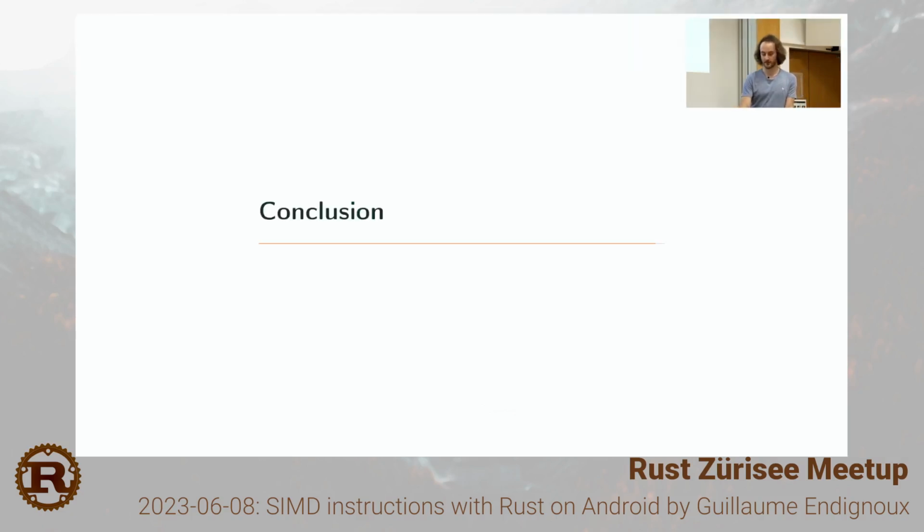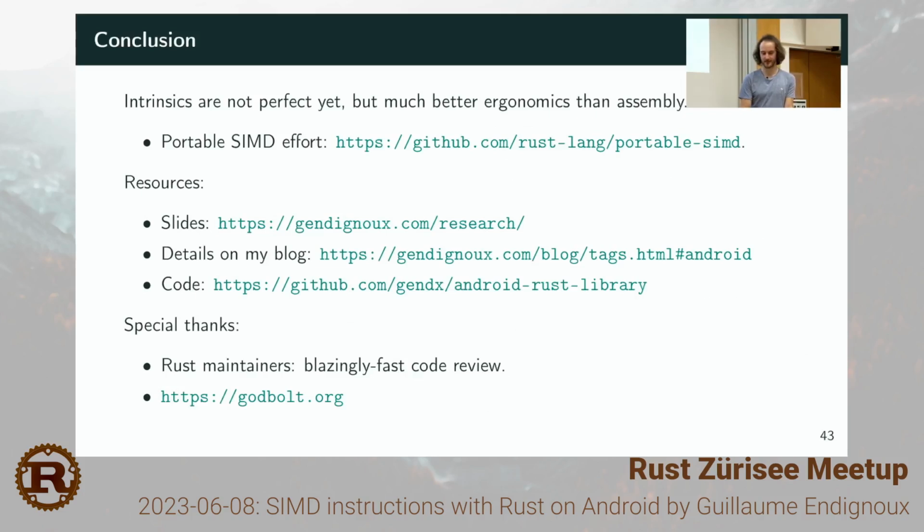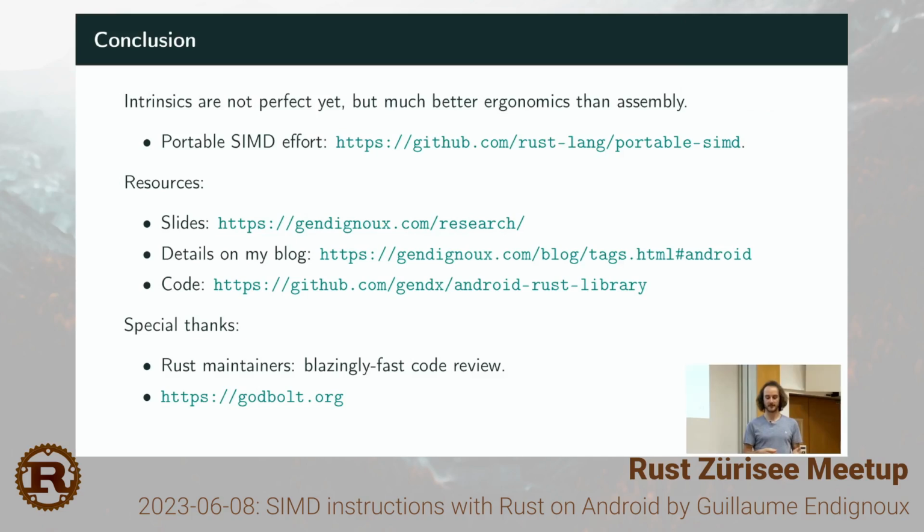So that's it from my talk. Just as a takeaway, the intrinsics for SIMD are not perfect yet in the compiler, but they are still better ergonomics than inline assembly.